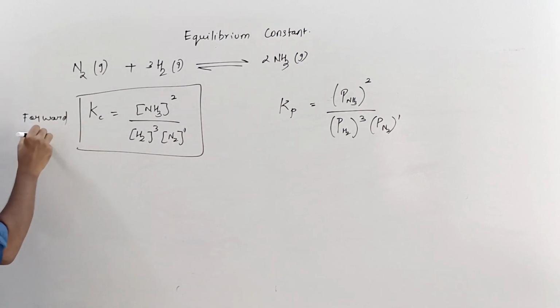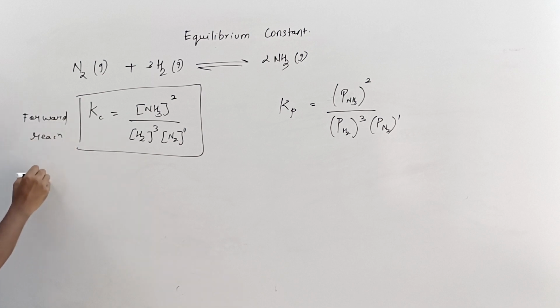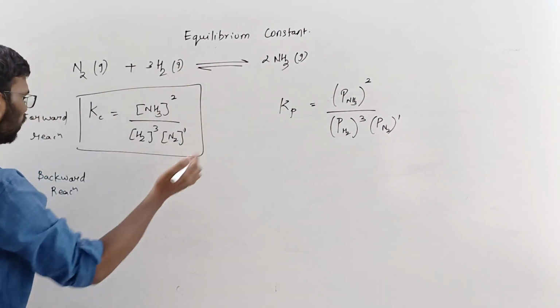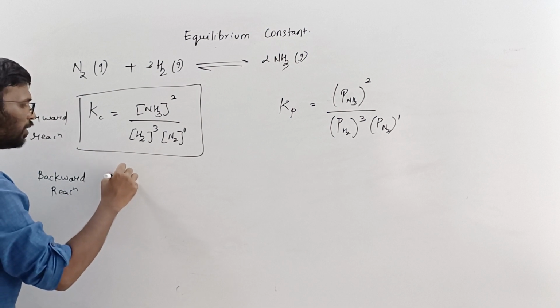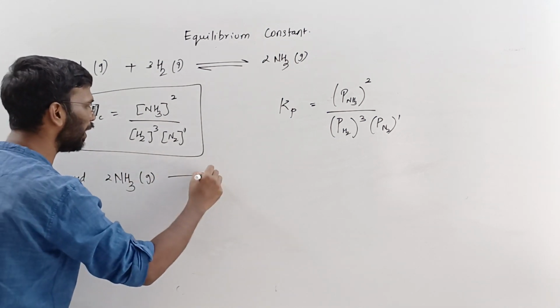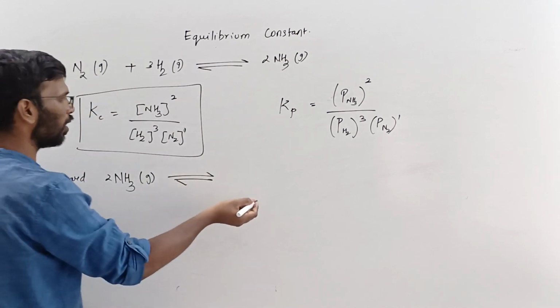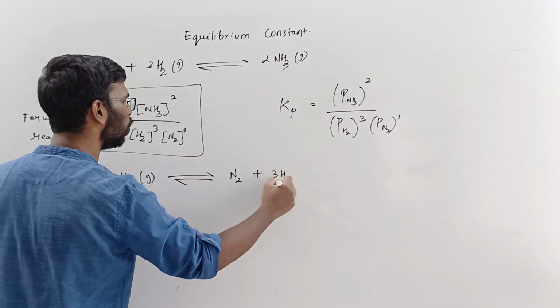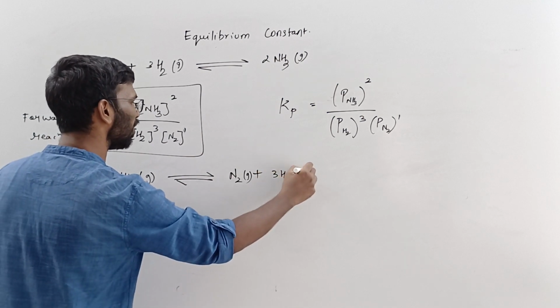Like this is for the forward reaction. For the backward reaction, it means this changes the other way. For the backward reaction, NH3 gas gets split up into N2 and 3 moles of H2.